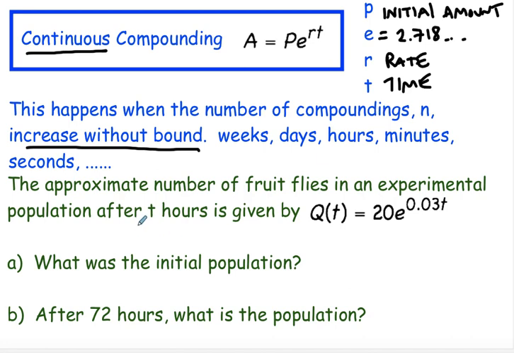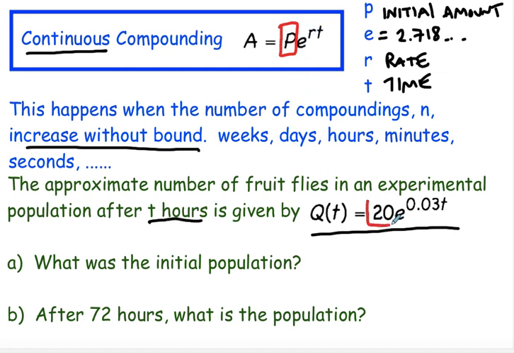Okay, so the approximate number of fruit flies in an experimental population after T hours is given by this equation right here. What was the initial population? Well, look, in our formula, the initial amount is the very first number in front of e to the power of everything.